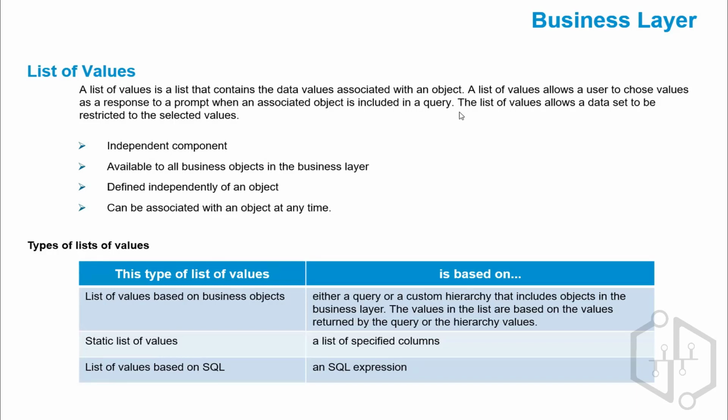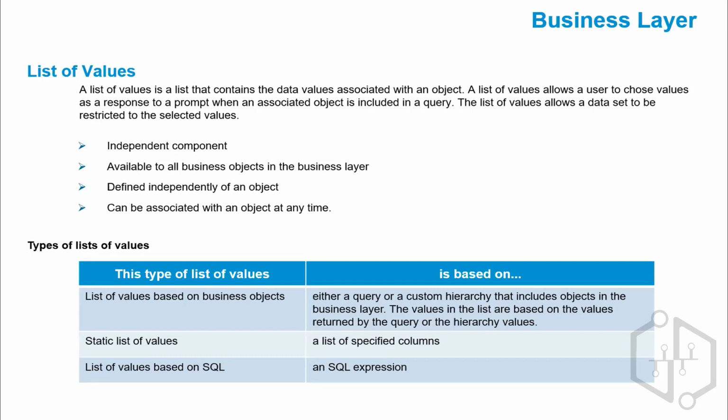As we mentioned already, if year is associated with some list of values, and we are using that year in the prompt filters, whenever the user refreshes the report, it will ask which year you want to see. So he can give around 2 to 3 years. Then he will get the data for those 2 to 3 years only, which is very useful from a report performance point of view.